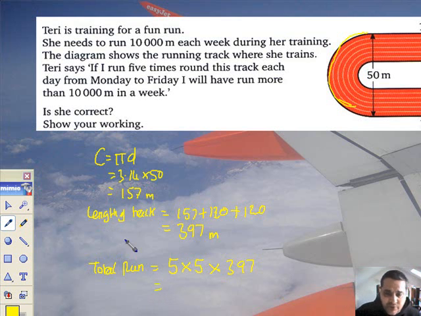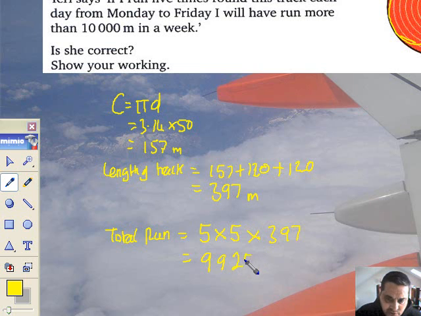Should be 400 really. What does she get? That gives us 9925 meters.